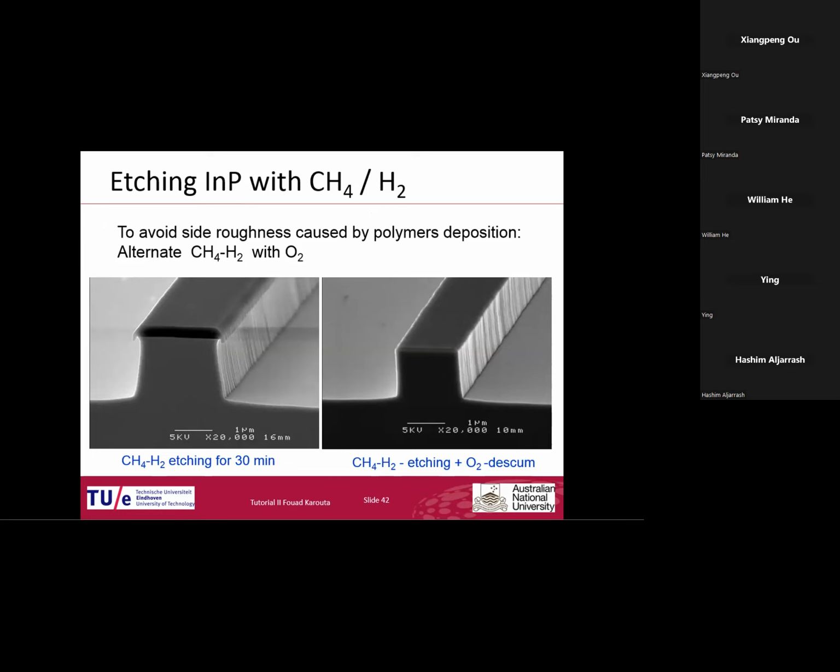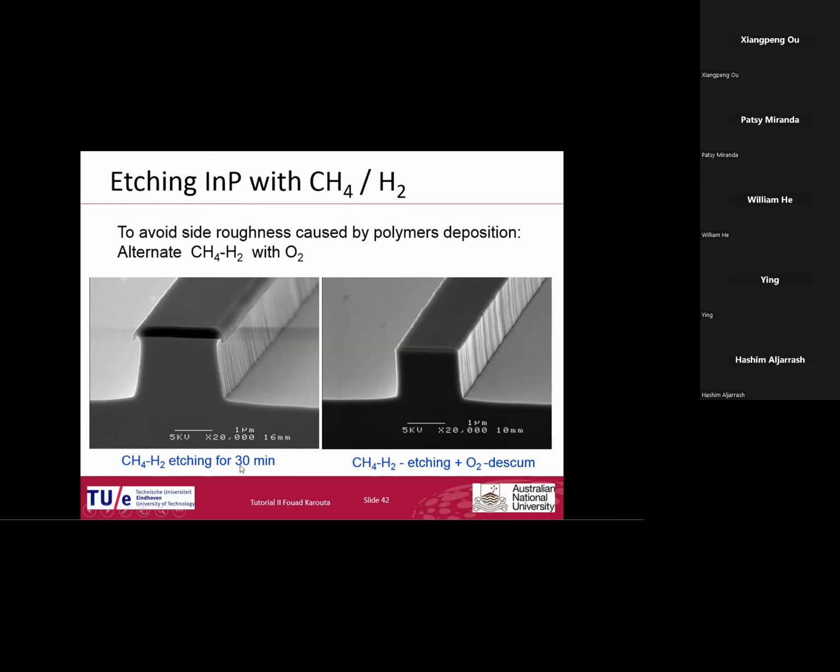Etching indium phosphide with methane hydrogen. I was in a group where we were doing a lot of photonic circuits in indium phosphide based material. And the main technology to etch the waveguide was methane hydrogen. So basically, when you use methane hydrogen, you need to alternate with oxygen plasma to remove, as I said, the polymer deposition caused by the methane.